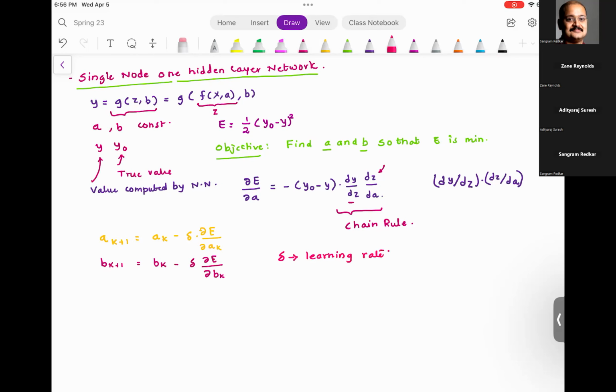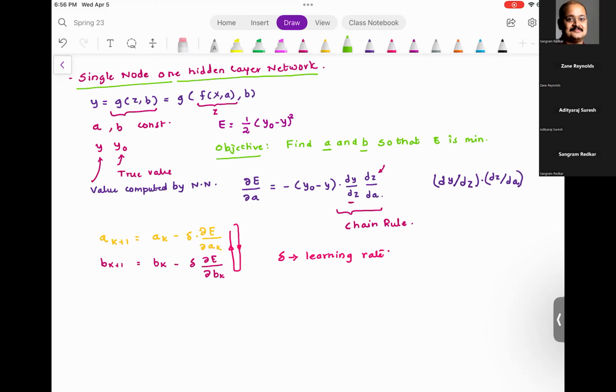Now what that means is you are making these small, teeny tiny changes and performing these computations continuously. You are going to iterate, performing these iterations till you achieve some kind of convergence.